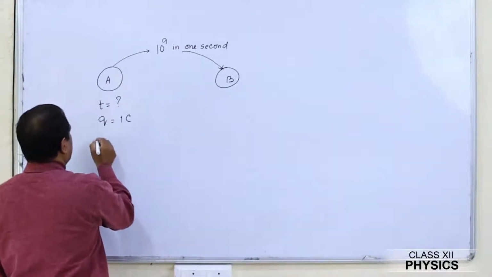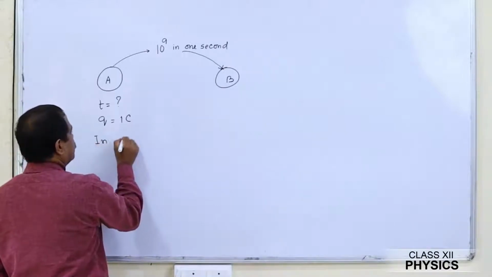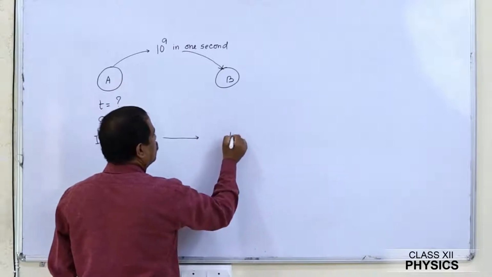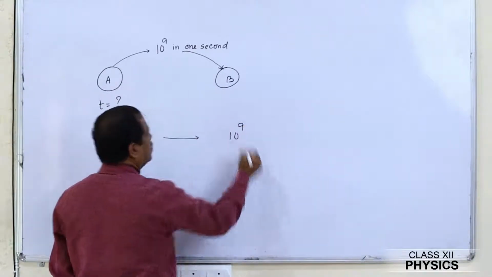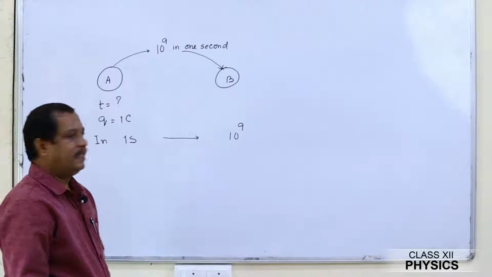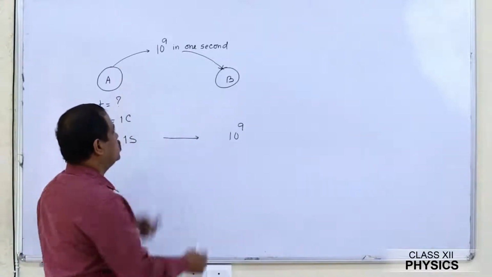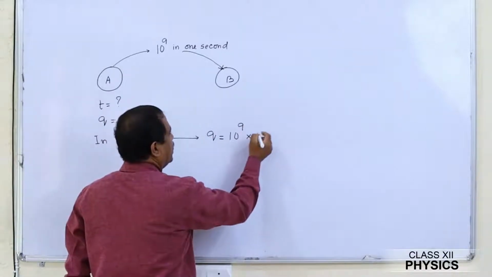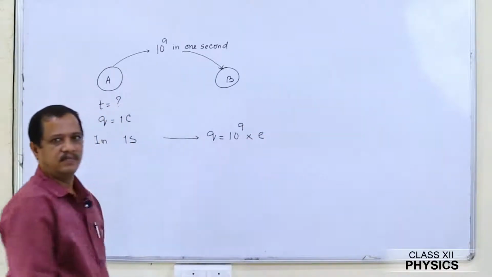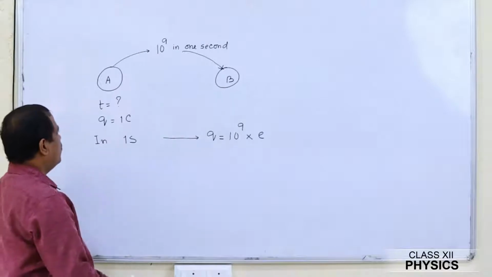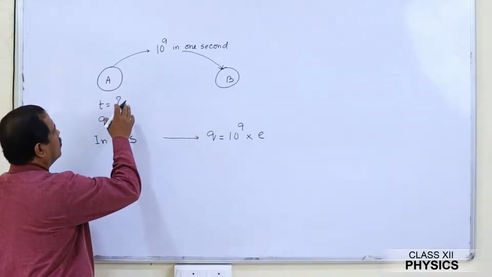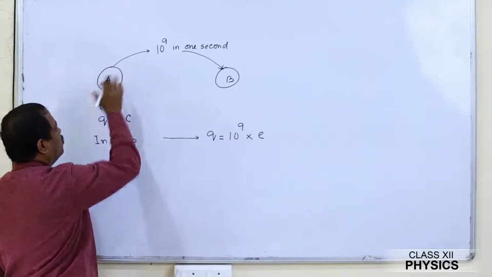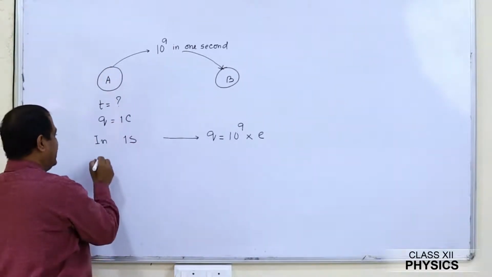It says that in 1 second, the number of charges that will move is 10 power 9 electrons. These 10 power 9 electrons will make a charge of Q is equal to 10 power 9 into E. Let me assume that the time taken for the body to have a 1 Coulomb charge is equal to T seconds.